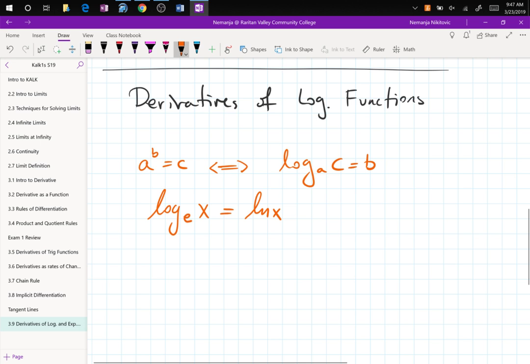So there are 2 bases that you use in sciences: base 10 and base e. Now, base e, I said it's everywhere. Base 10 is not as frequent at all. Chemistry calculations for pH and some other things would have log base 10. In physics, if you're dealing with earthquakes and sound waves and sound intensity and so on, you will have log base 10 again.